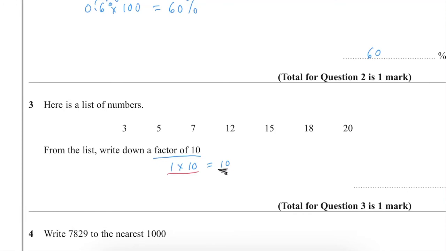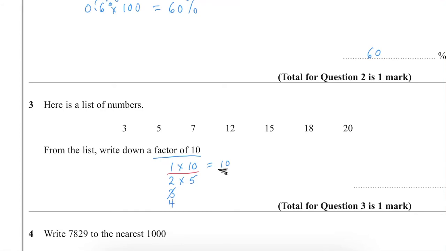Okay, so let's carry on looking at the factors of 10. We've said 1 times 10, 2 divides evenly into 10 as well. So 2 times 5 makes 10. So they're 2 factors. Any number that you can multiply by that makes the number back is a factor. So 3 divided into 10 leaves a remainder, so we won't even try that one.